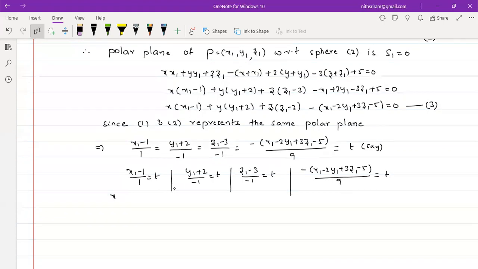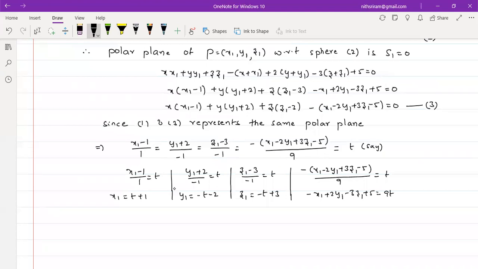From this we get x1 is equal to t plus 1. And from this we can write y1 is equal to minus t minus 2. And z1 is equal to minus t plus 3. And from this equation we get minus x1 plus 2y1 minus 3z1 plus 5 is equal to 9t.